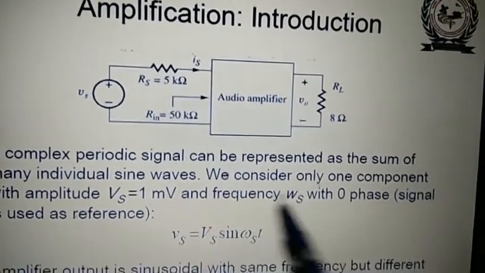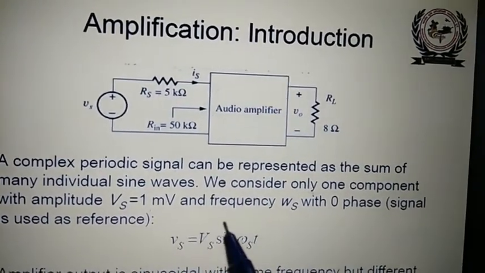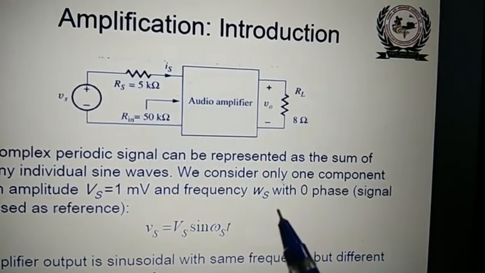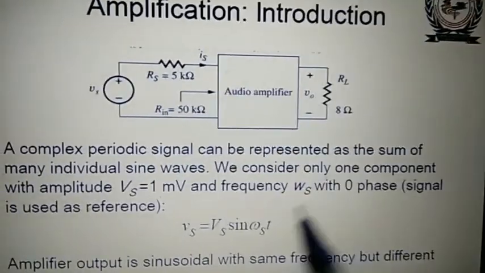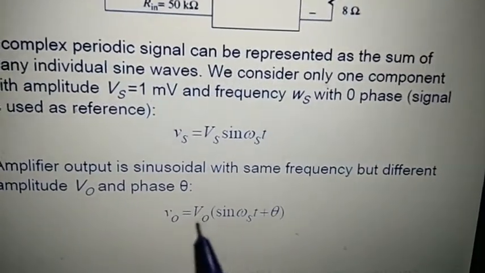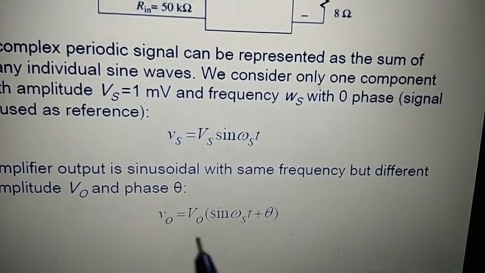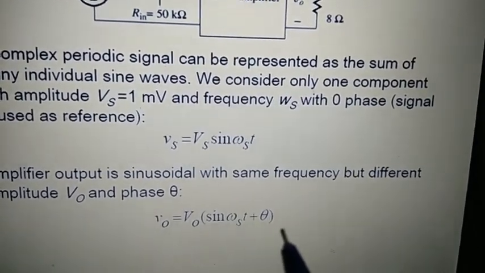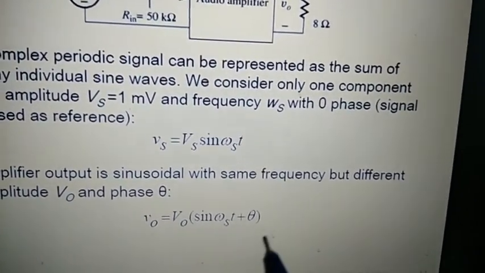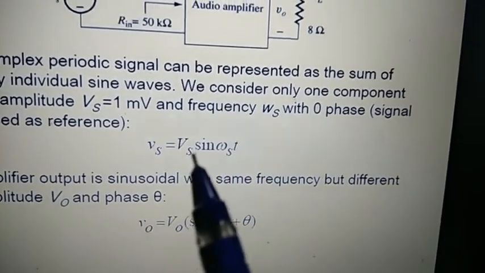We consider only one component with amplitude Vs equal to 1 millivolt and frequency omega s with 0 phase. This signal is used as a reference. This is the input signal and this is the output signal. Vs equals Vs sin omega s t and V0 equals V0 sin(omega s t plus theta). There is a phase difference theta between input and output, and there is an amplified signal with amplitude V0.